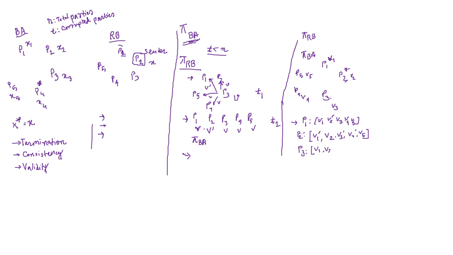V2 is corrupted, so it will not be exactly V2, but it will be consistent with P1's output, right? V3, V4, V5. Similarly, P4 will also have this.